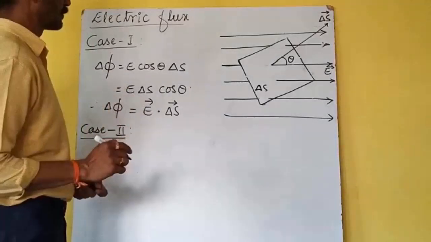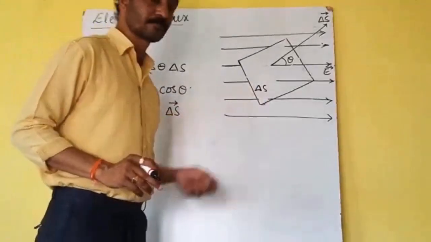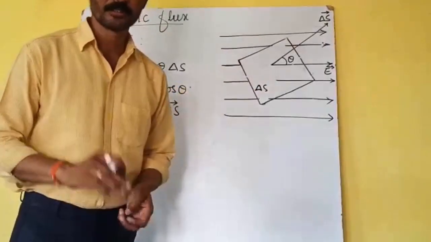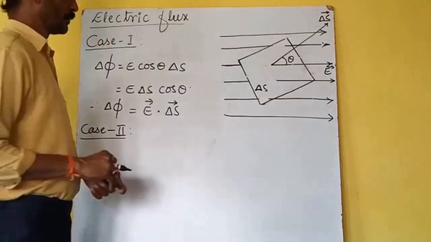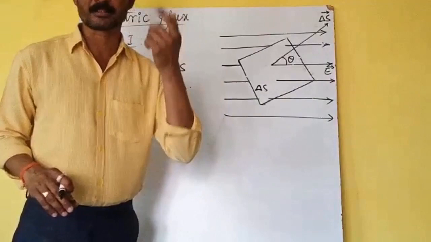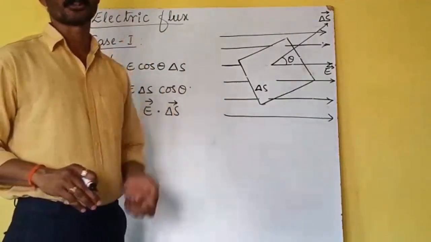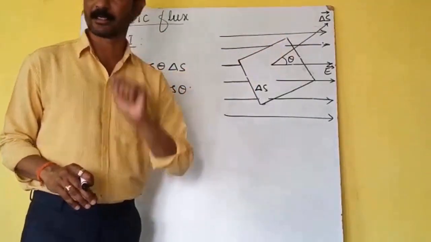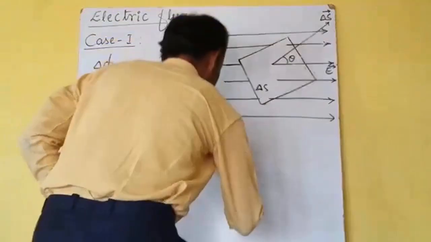In this case, consider an area element delta S which is normal to the direction of the electric field. Here the electric field E makes an angle of 0 degree with the normal drawn to the area element. Then in this case, see this figure first.